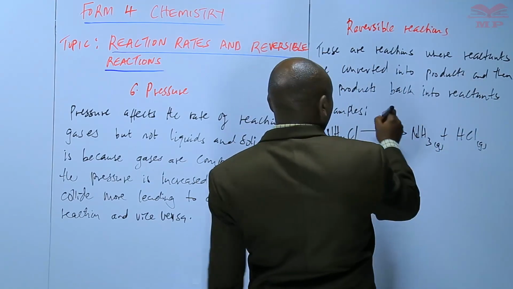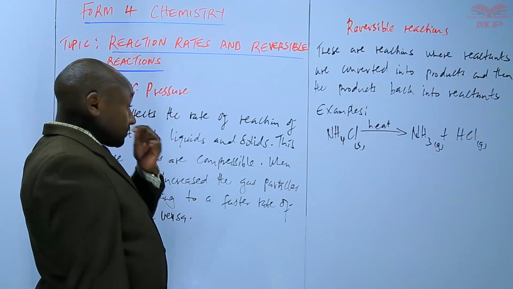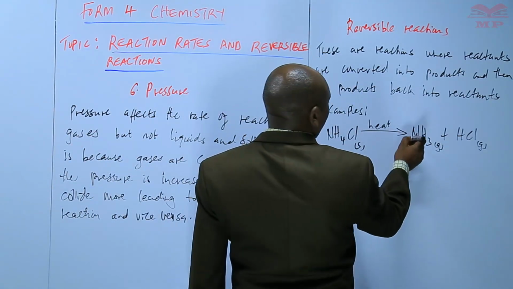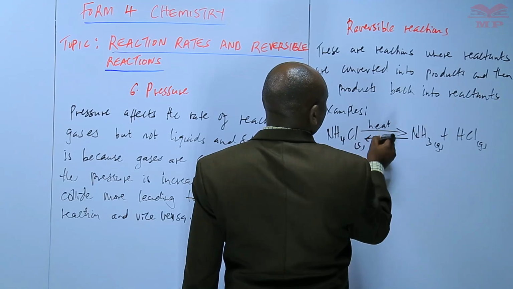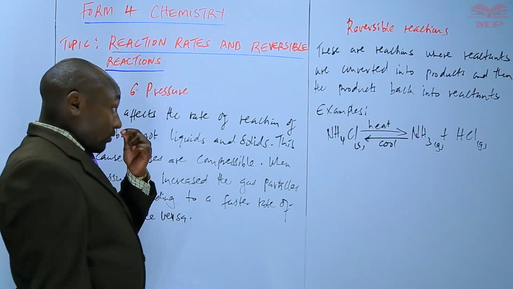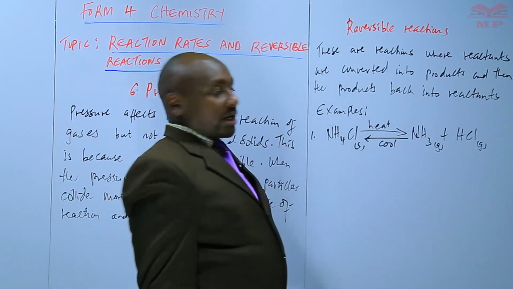That is on warming or when you heat. On the other hand, if you allow the two gases to cool, they will change back to ammonium chloride. So this is an example of a reversible reaction.